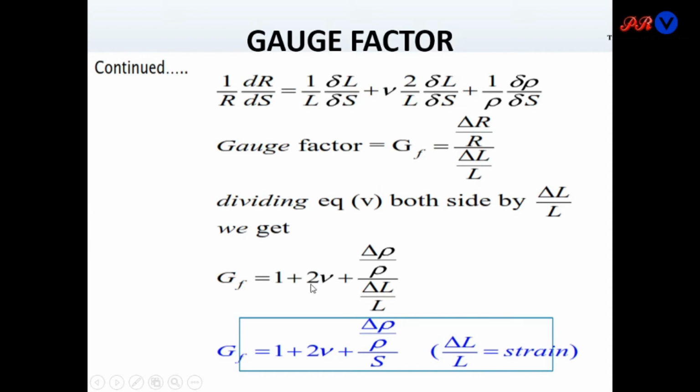So in this way we get the gauge factor. The value of the gauge factor will always come out to be 1 plus 2 Poisson coefficient plus delta rho by rho divided by S, where delta L by L is the strain.